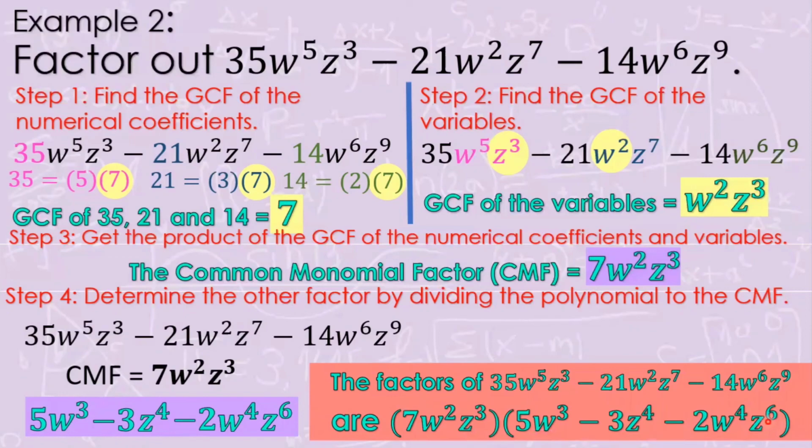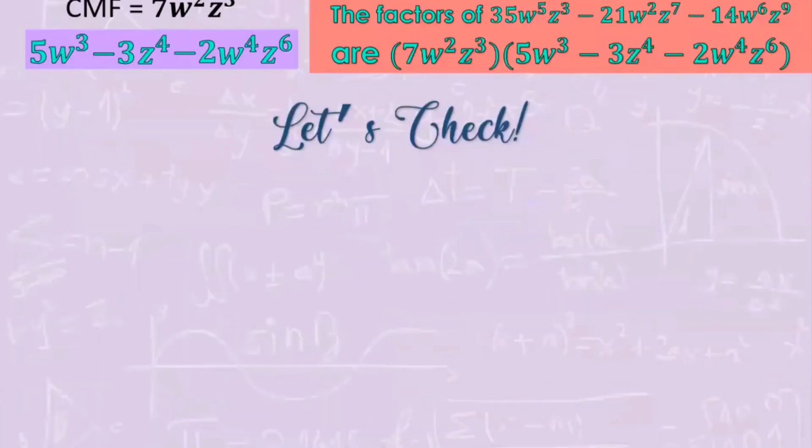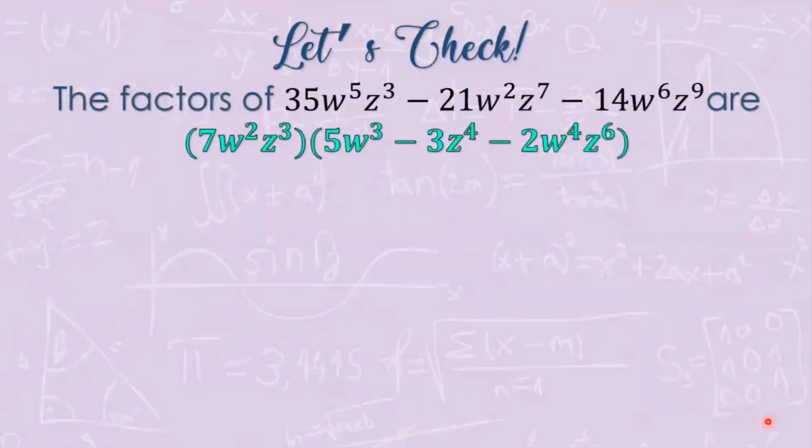So again, to check if these factors are correct, we need to multiply them. And if we arrive to the same value as our given, therefore the factors are correct.